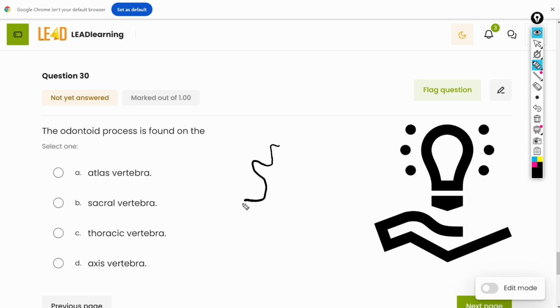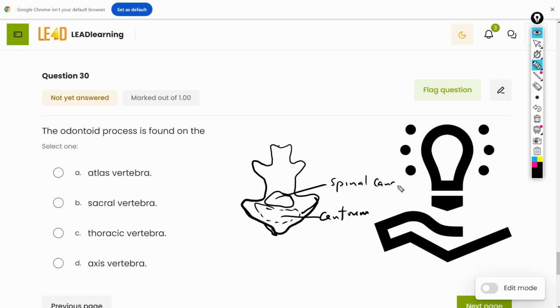Let me see if I can just give us a good sketch. So this is the centrum. This is the spinal canal or neural canal.